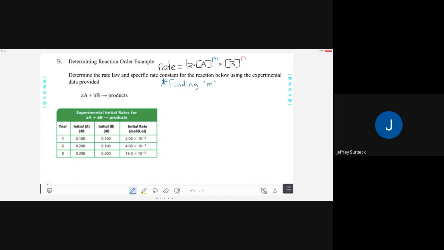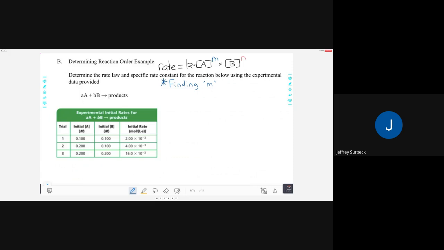Okay, what we want to do is this, because M is attached with our substance A, we want to take a look at the chart, and we want to ask ourselves two things. One, we want to change or vary the concentration of A, and at the same time, we want to hold the concentration of B constant.